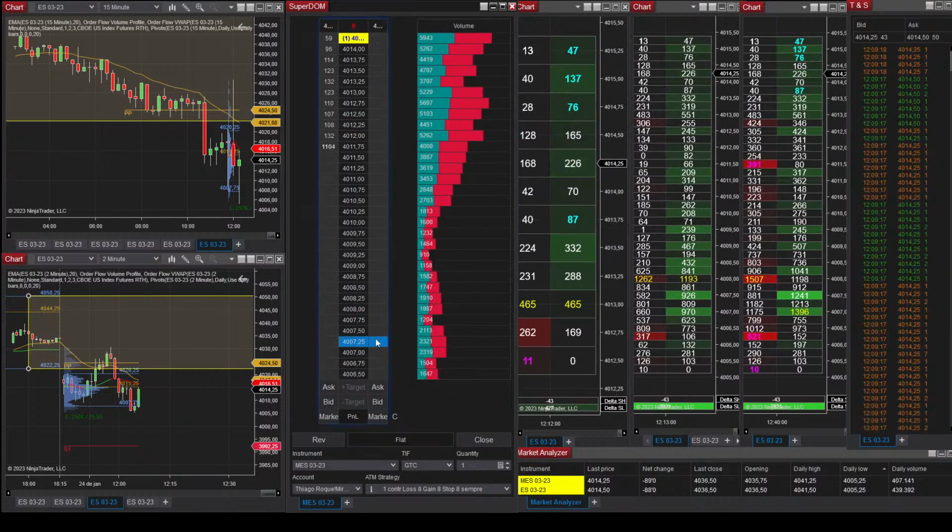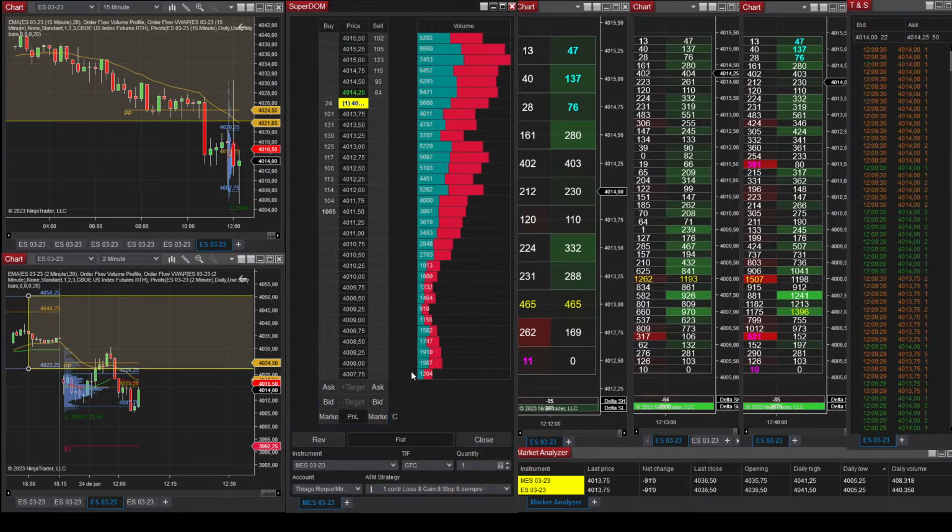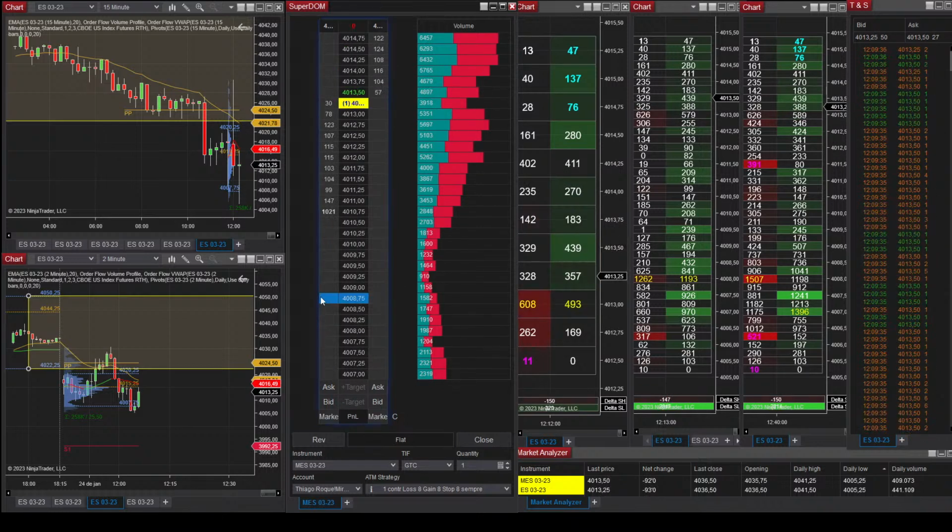If sellers are not able to hold buyers here and buyers are able to push price up, this is a scenario where it's more common to see prices moving up.